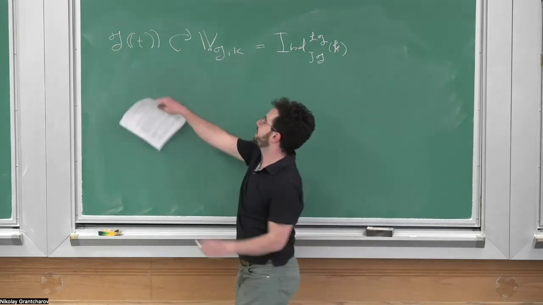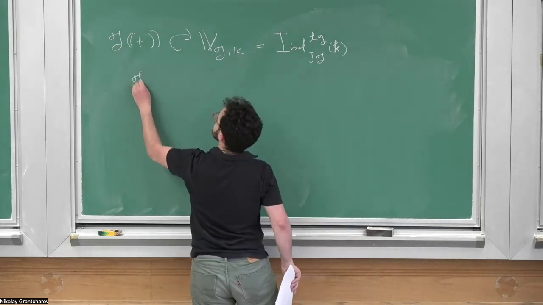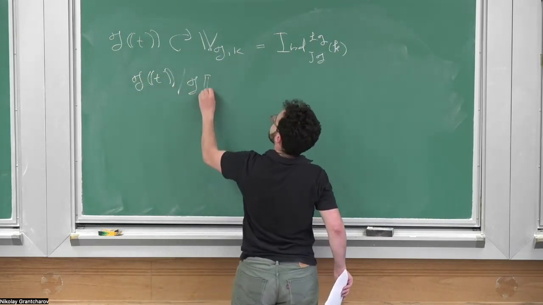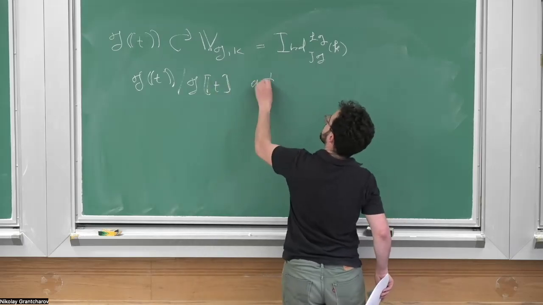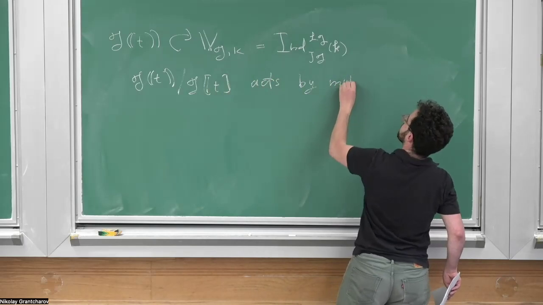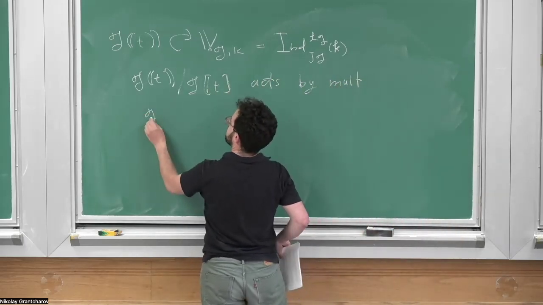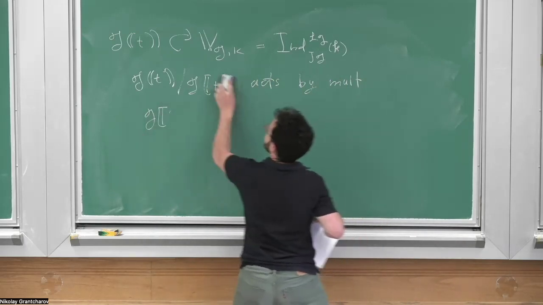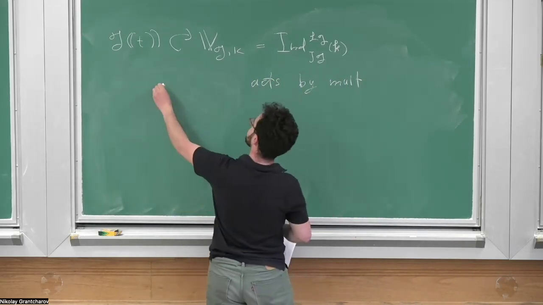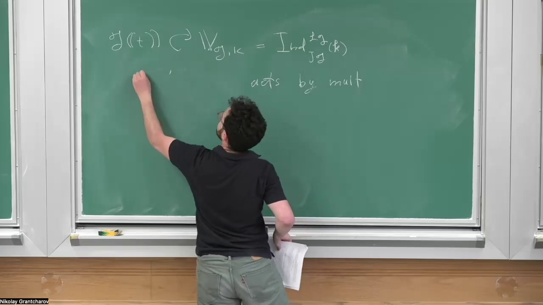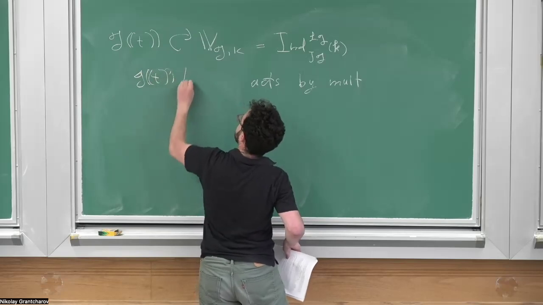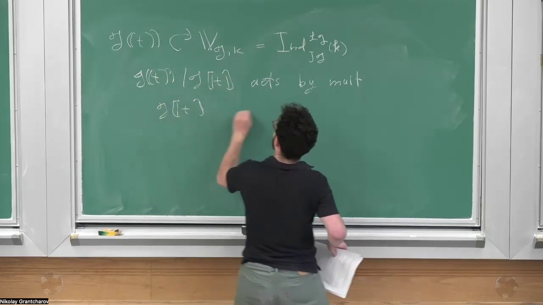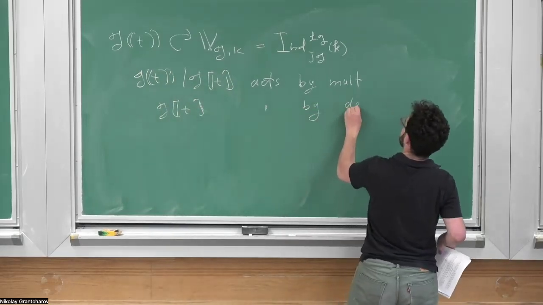Elements in negative degree act by multiplication, and elements in positive degree act by derivatives.